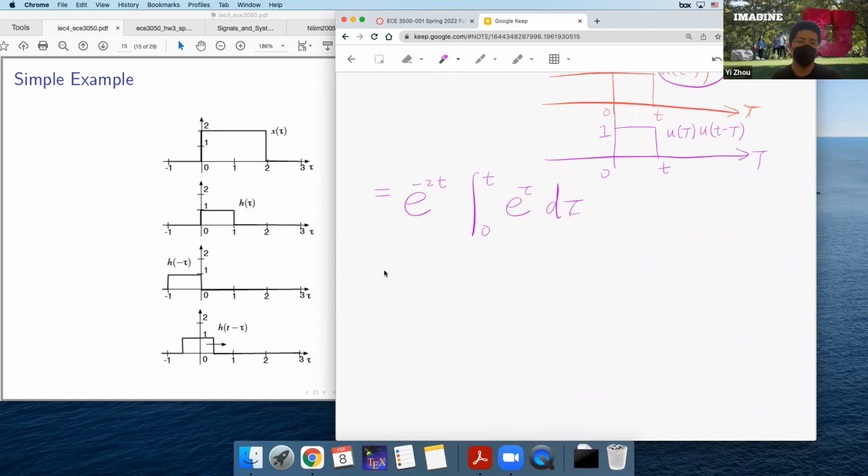And then we just work out the integration.